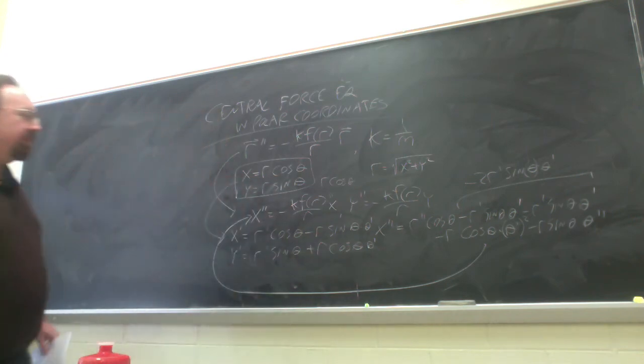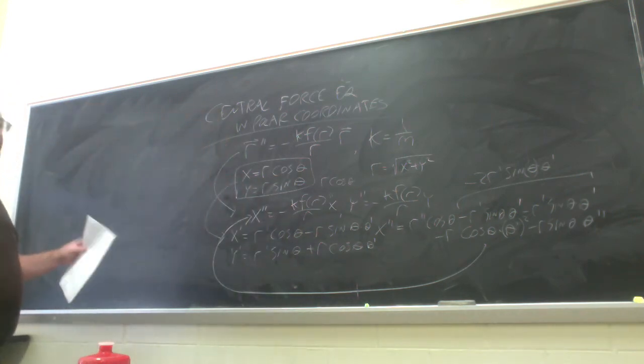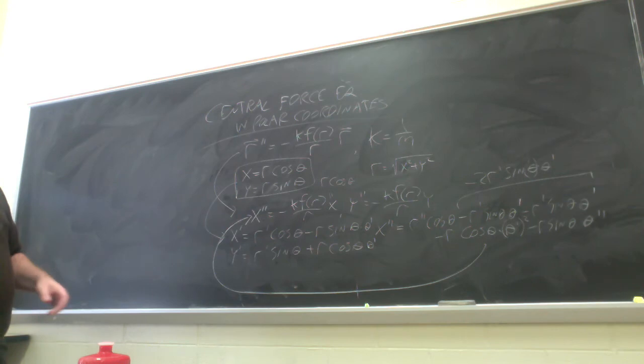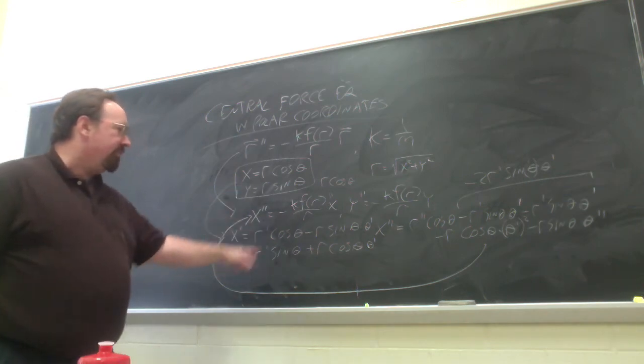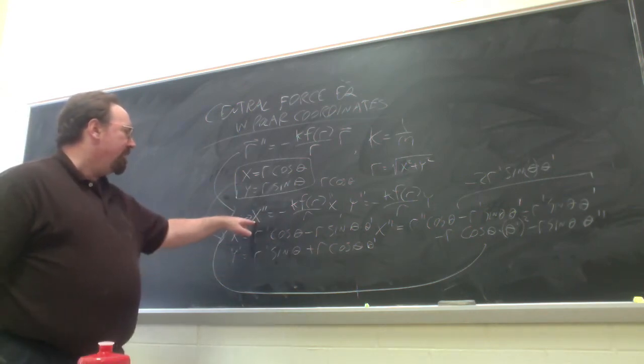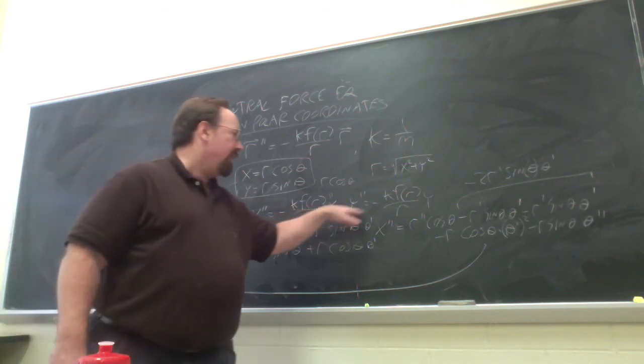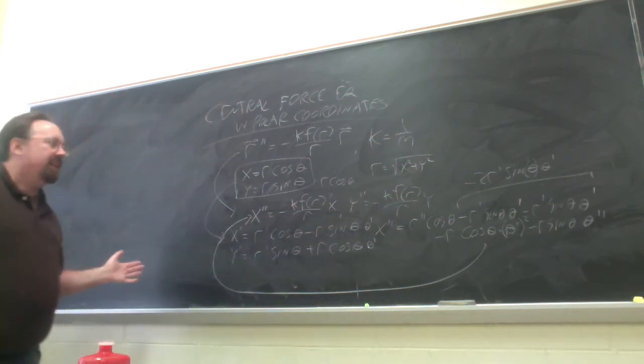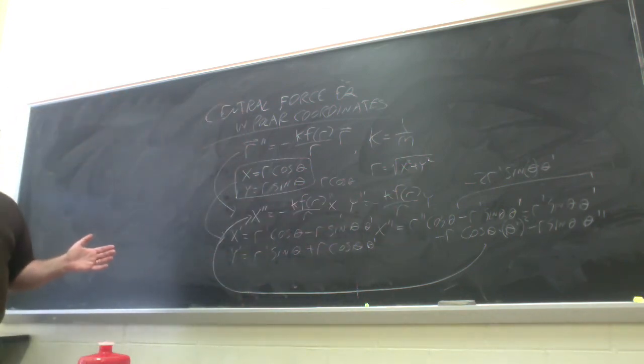The f of r over r, you can leave the same. But the idea is, by carrying out this differentiation, you can get rid of all traces of x and y, and write all of that in terms of polar coordinates. Okay, in spite of all my arrows, does the process make sense at least? Also, you can read about it in the notes.